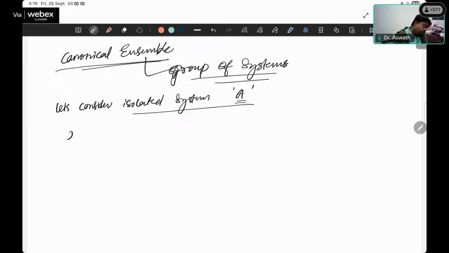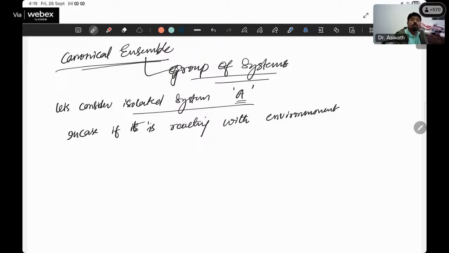Okay, in case it is interacting with the environment, I would say reservoir.